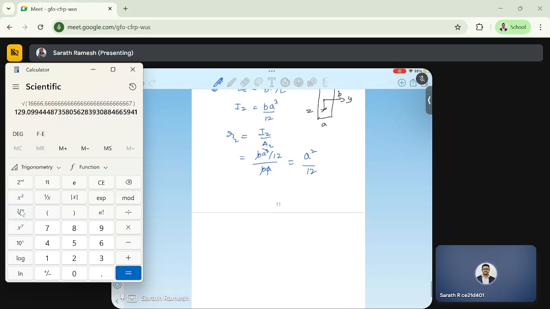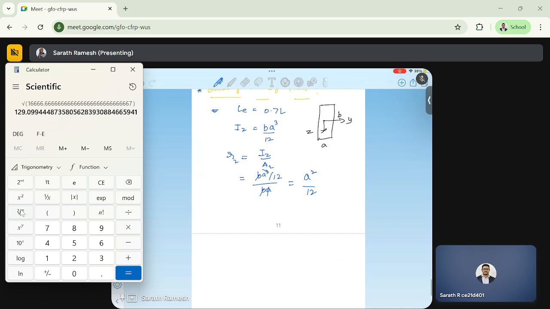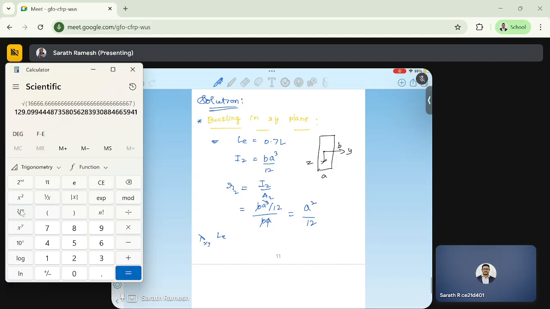Now LE by R will be lambda for XY, LE by RZ, which is 0.7 L by A square times 12. See, this R square equal to I by A, so RZ is root of that, so it will be A by root 12.